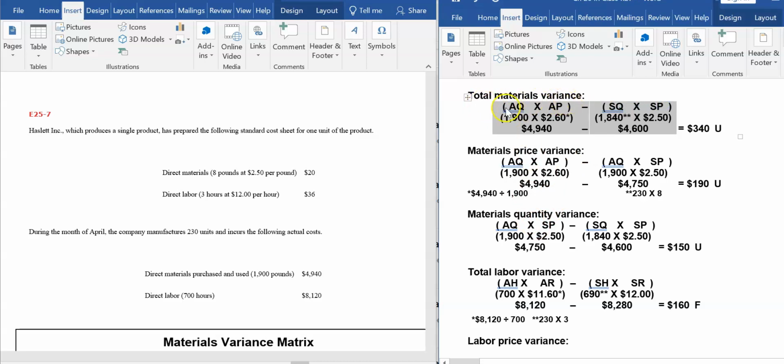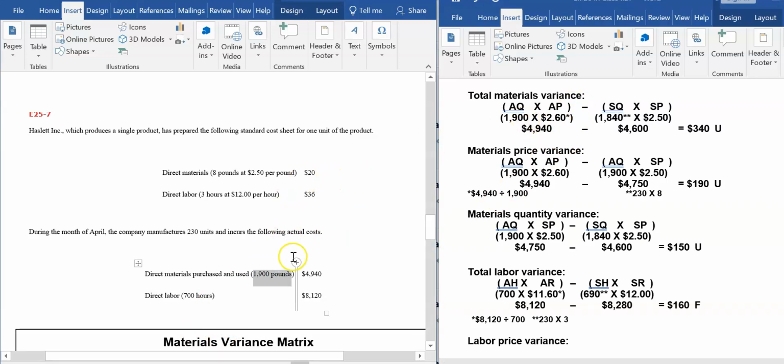The total materials variance is the actual quantity at the actual price. Actual quantity of pounds used, 1,900, at the actual price of, well, they didn't give us that, but we can back into it because they gave us the total.